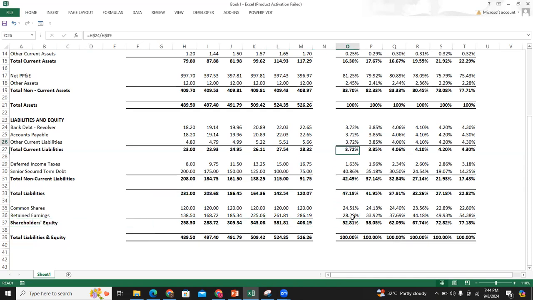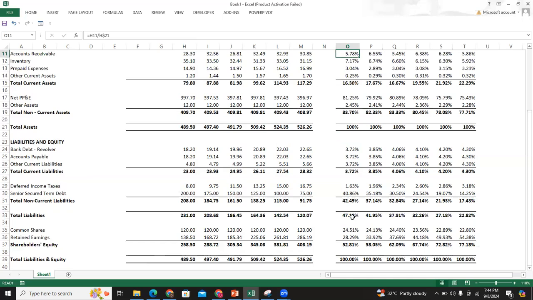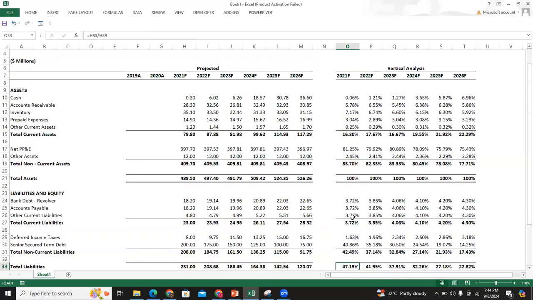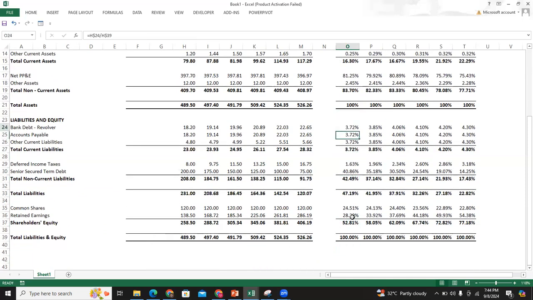I hope you understand the vertical analysis and its purpose, how you prepare a vertical analysis that has been performed in front of you.